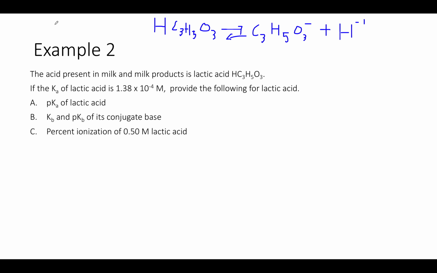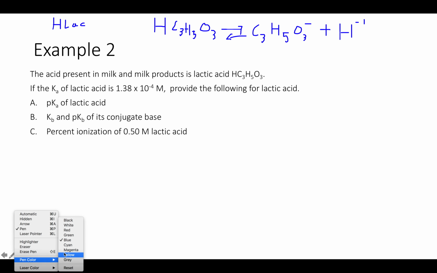Sometimes chemists will represent weak acids by writing a hydrogen ion and the acid. So I could have abbreviated this as HLAC for lactic acid, but I'm going to write out the full formula.